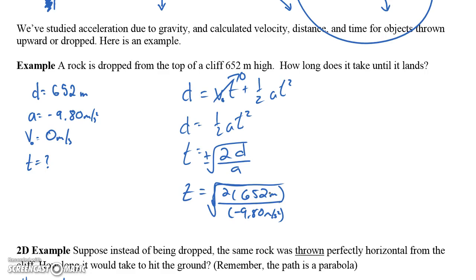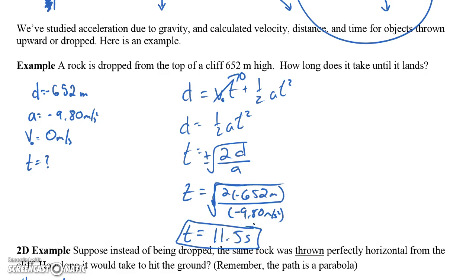If we're at the top of the cliff and we've gone to the bottom of it, we've gone down, which is a negative direction. So D, although it's positive in our question, is actually negative for our calculations. That will allow us to cancel out that negative, get a positive number, and we get the time coming out to proper sig figs of 11.5 seconds.